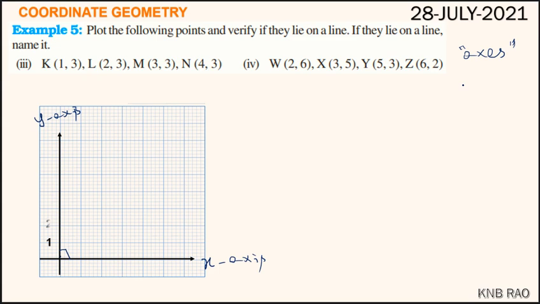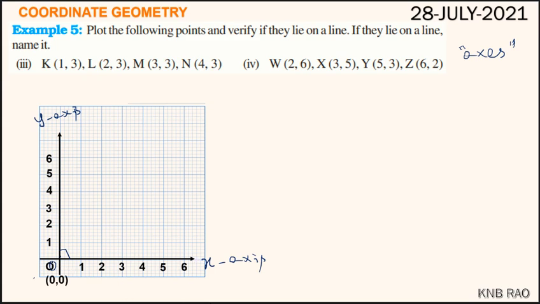1, 2, 3, 4, 5, 6. I have marked on the y axis above the 0. Then 1, 2, 3, 4, 5, 6, I marked to the right side of 0.